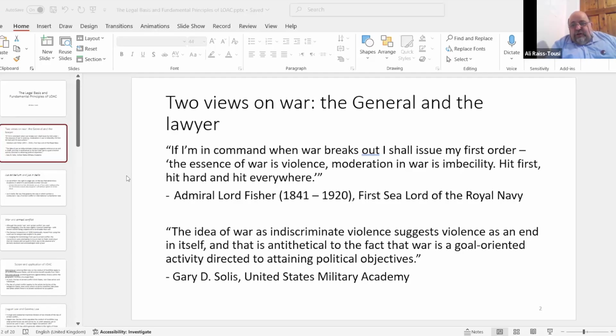Admiral Lord Fisher, who was commander of the British Royal Navy in the distant past, has said that if he were to be in command if war breaks out, his first order would be: the essence of war is violence. Moderation in war, according to him, is imbecility. Hit first, hit hard, and hit everywhere.